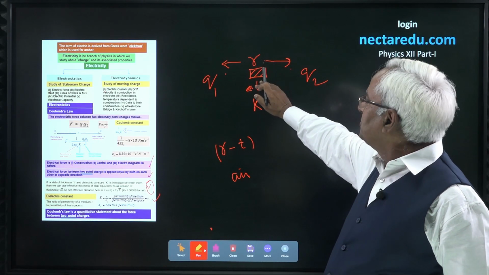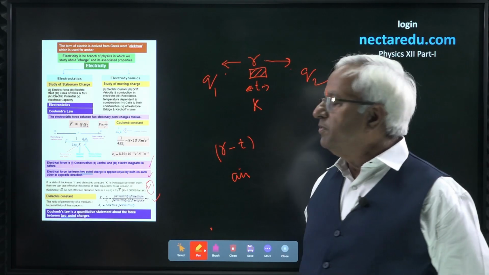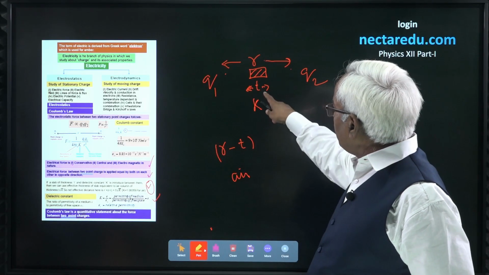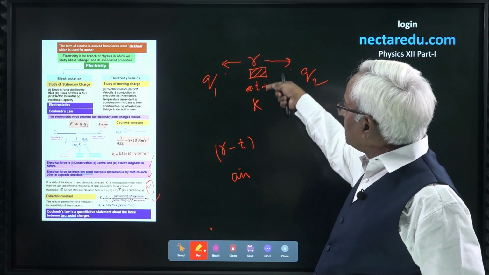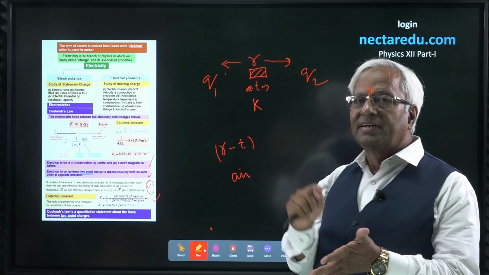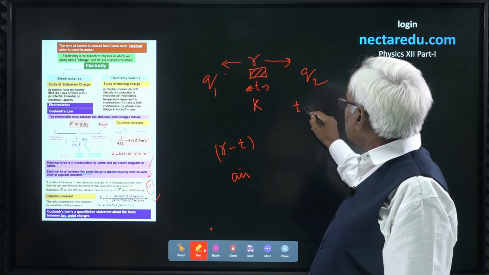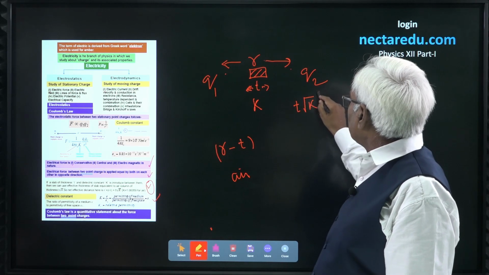Thickness of slab is T. It will be facilitated if we could have an equivalent distance in air for this very slab. That means we want the equivalent air distance for T thickness of slab, and this is going to be T root K.